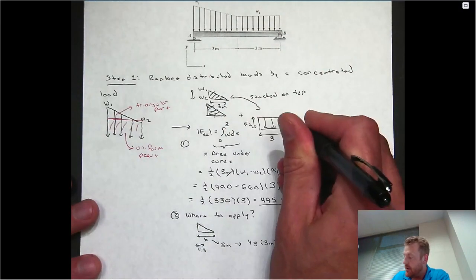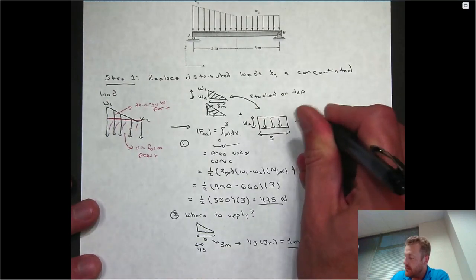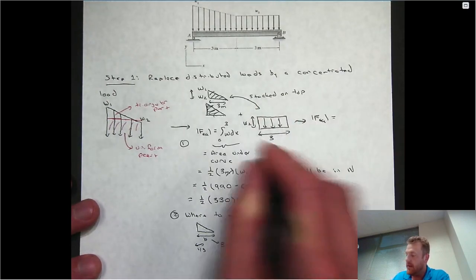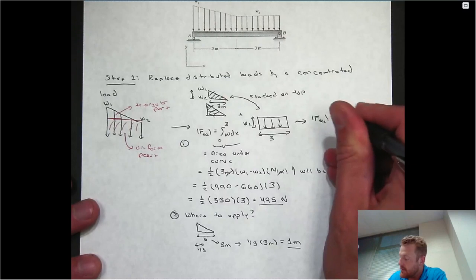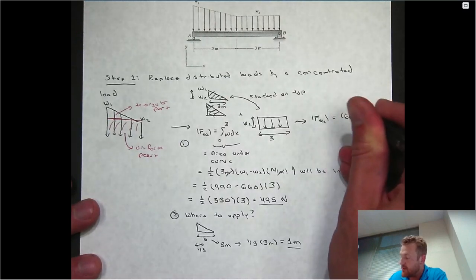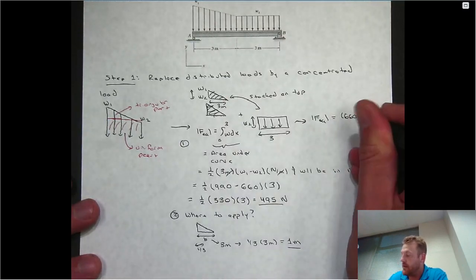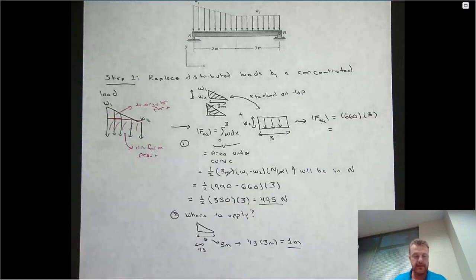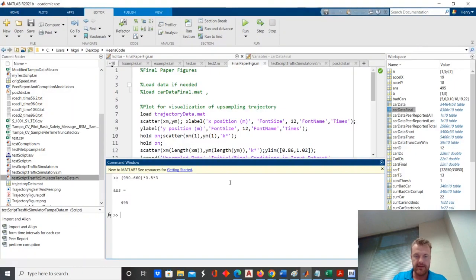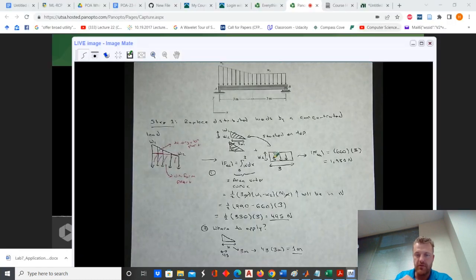So the equivalent magnitude is nothing more than 660 newtons per meter times a width of 3 meters. If you multiply 660 by 3, sorry, it has been too long a day to do this in my head, it's going to be 1,980 newtons. Again, that's just the area under the rectangular portion of this load.